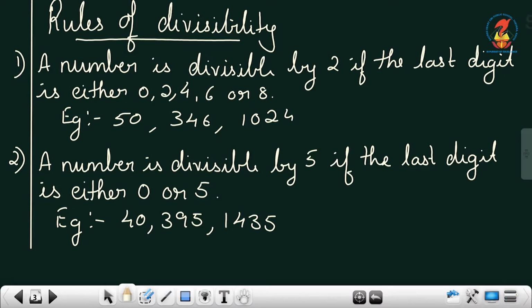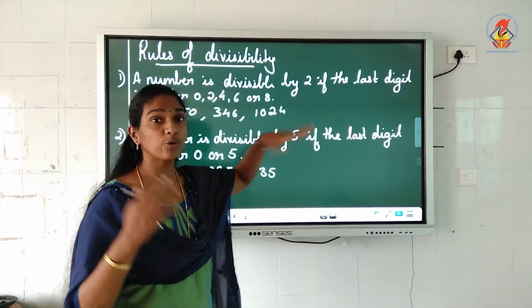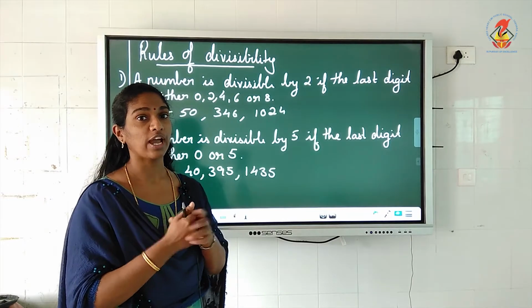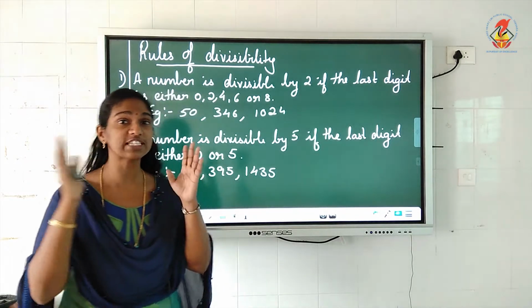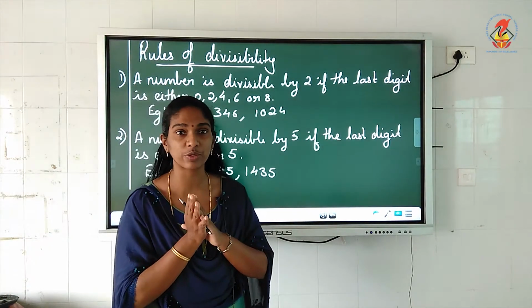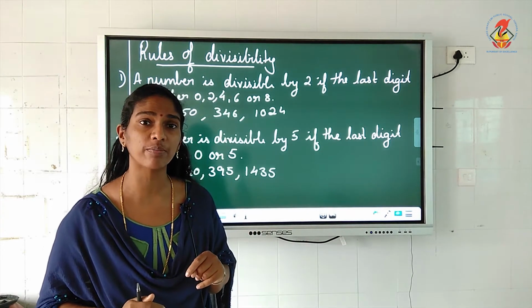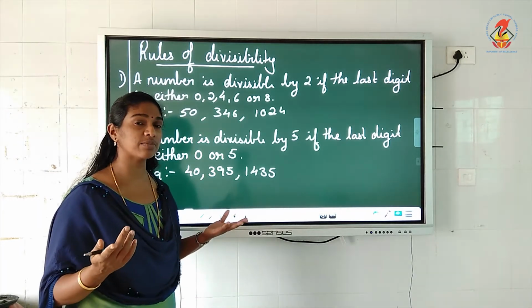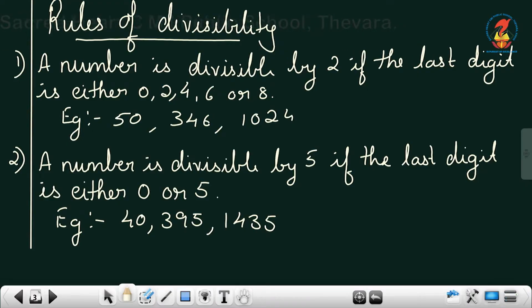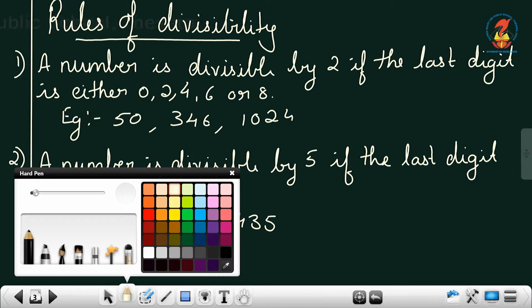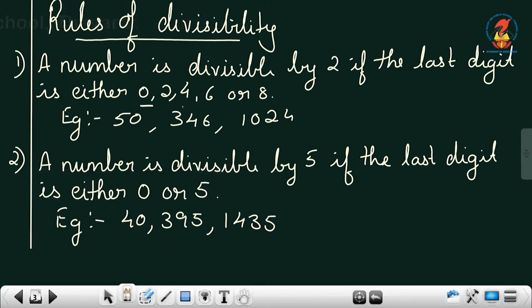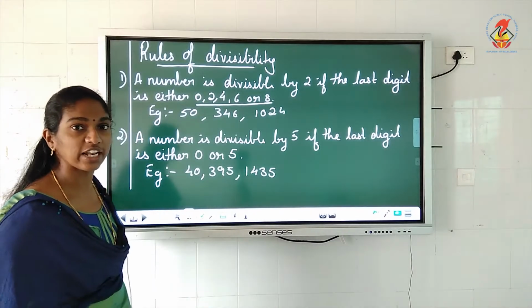Okay. So, starting from the first one, how to check a number is divisible by 2? I told you when I taught you factors, if it is an even number, it is divisible by 2, isn't it? How do we know that a particular number is an even number? When the last digit is either 0, 2, 4, 6 or 8, we say those numbers are even numbers.